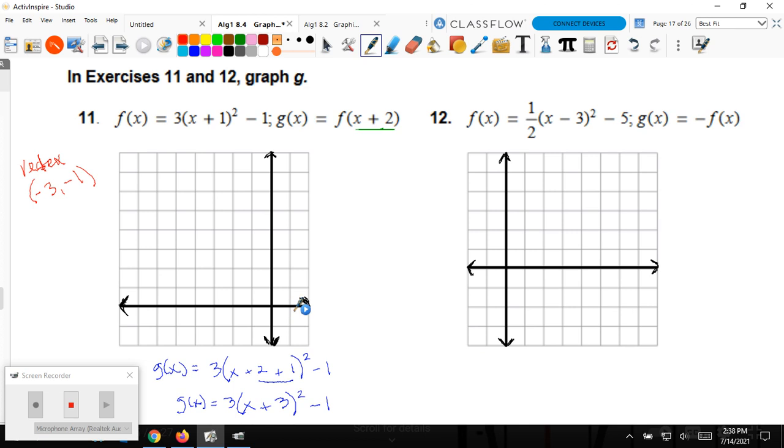And so that's going to be, if we go by ones, -3, 1, 2, 3, and then -1 will put us down to here. So that's if we go by ones. And then we can use the parent pattern. We can say we can go 1 unit, and then 1 times 3 will be going up 3. 1, 2, 3. Got to multiply it by 3 because 3 is right here, our A number. So A number here would be 3.